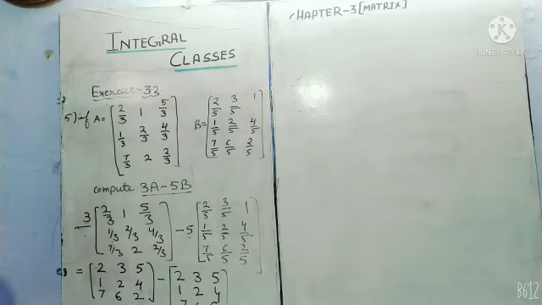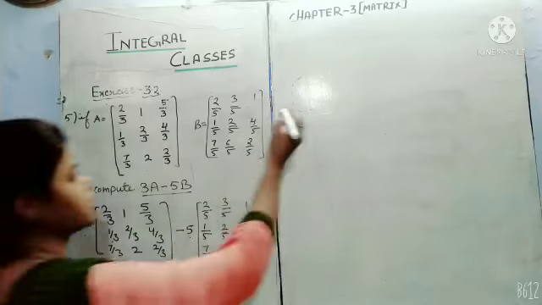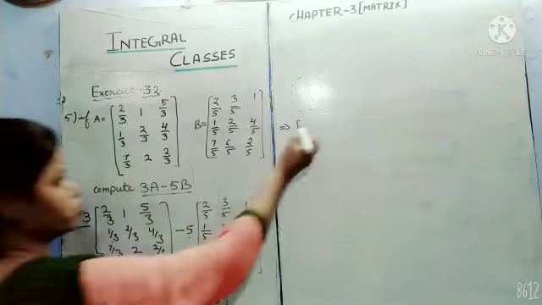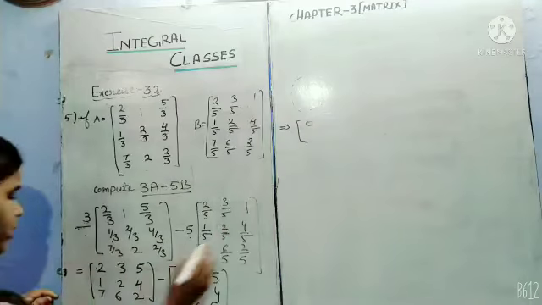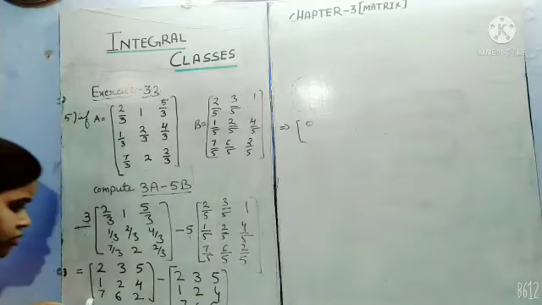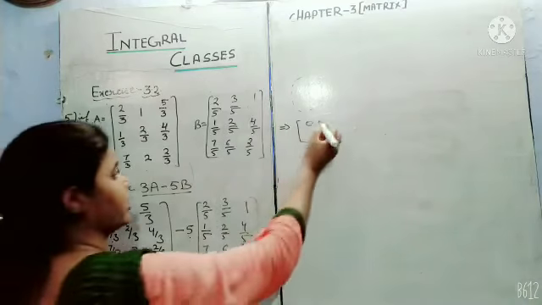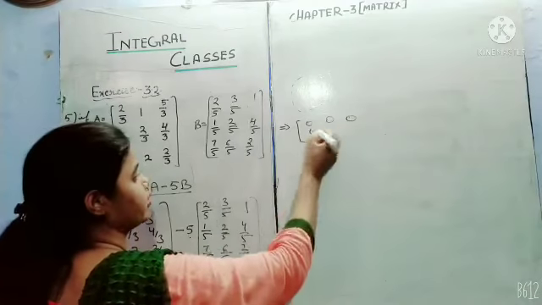Now we subtract these two matrices, and get the resultant: 2 minus 2, 0, 3 minus 3. As we observe here, these two matrices are equal, so we get the zero matrix.